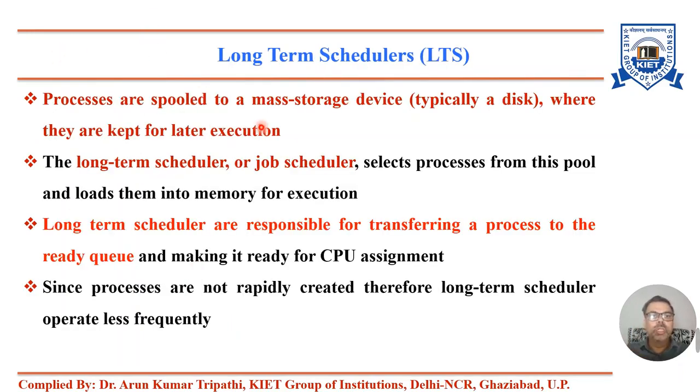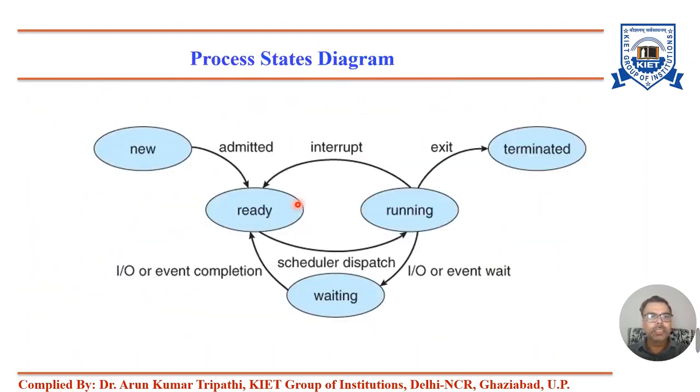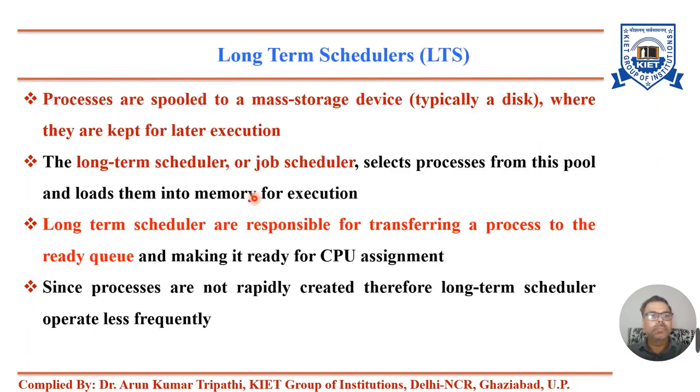The processes are spooled in the mass storage, typically a disk, where they are kept for later execution. The long-term scheduler, or the job scheduler, selects one of the processes from the pool and loads it into memory for execution. That we have discussed. It will load a new process from the job pool to the ready queue and bring it into memory.